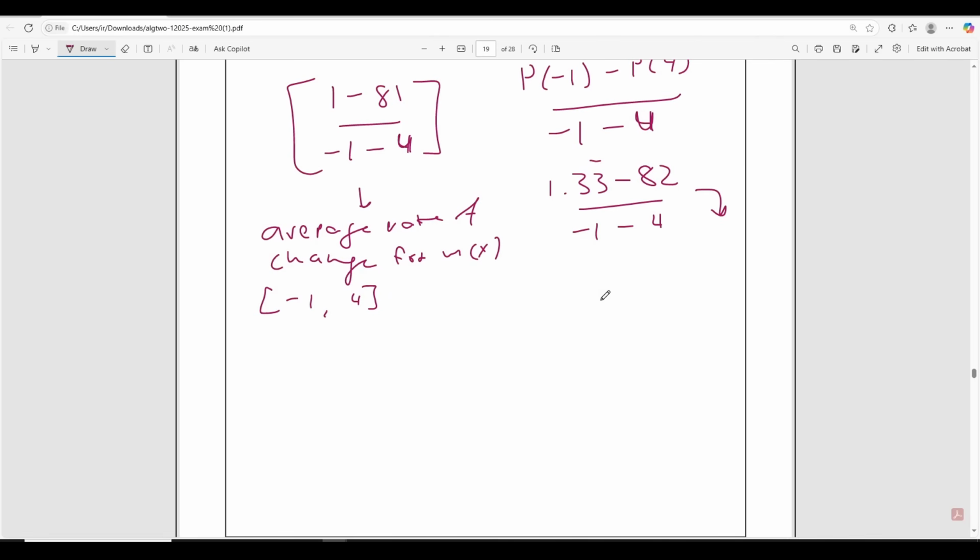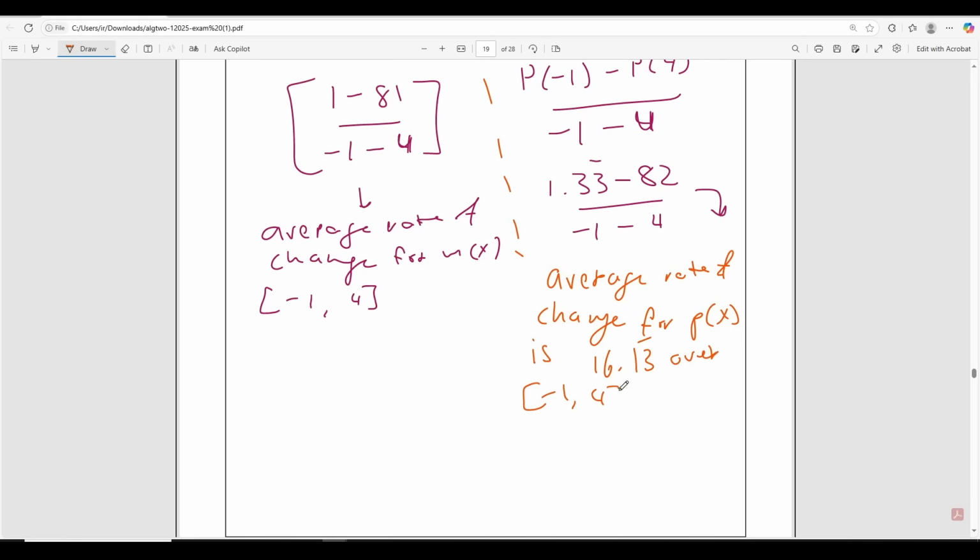16.13. So now I'll put this in a different color, right? I'll say that the average rate of change for p of x is 16.13 repeating over the interval negative 1 comma 4. So which one's bigger?